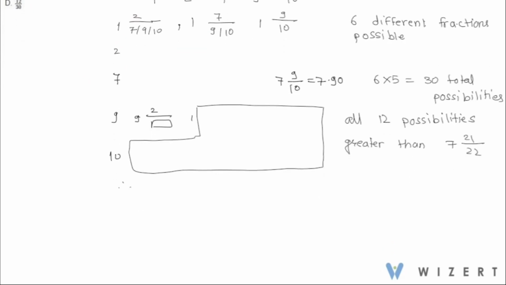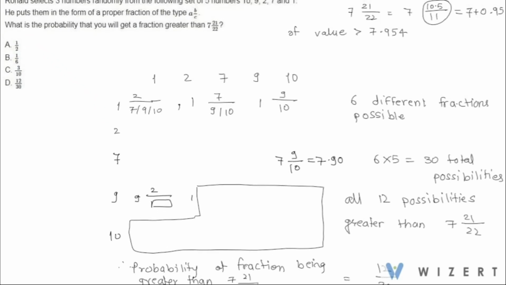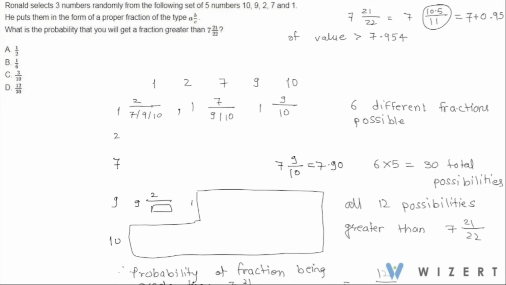Therefore, probability of fraction being greater than 7 integer 21 by 22 is equal to 12 by 30. So let's see, answer is option D.